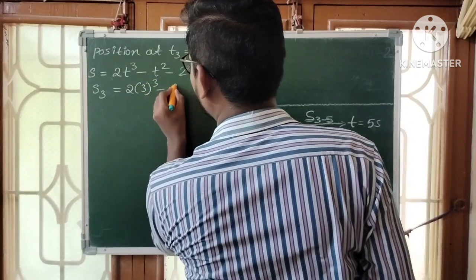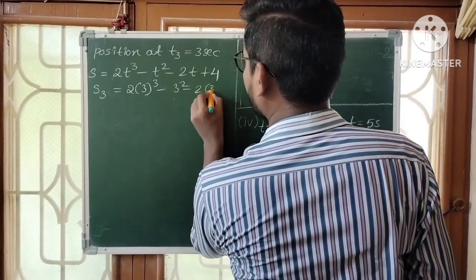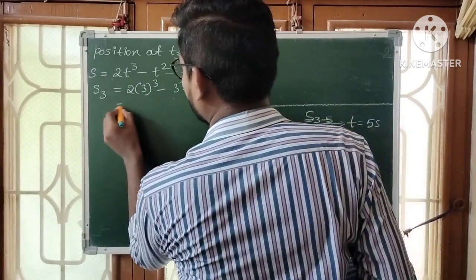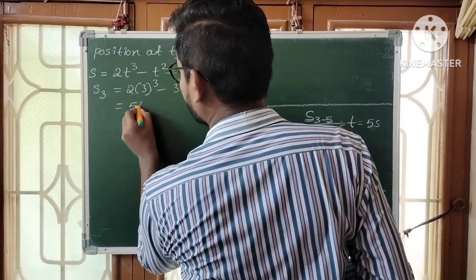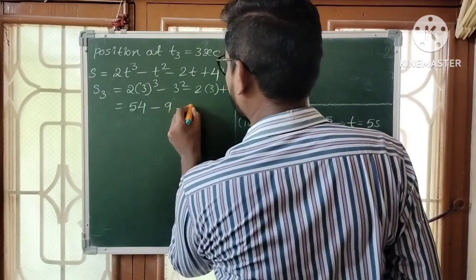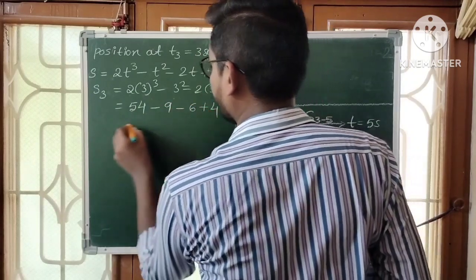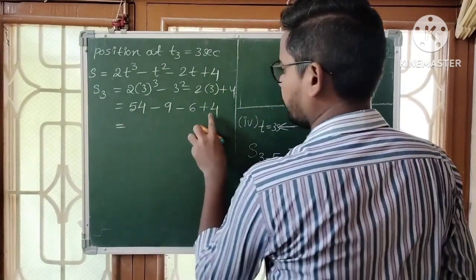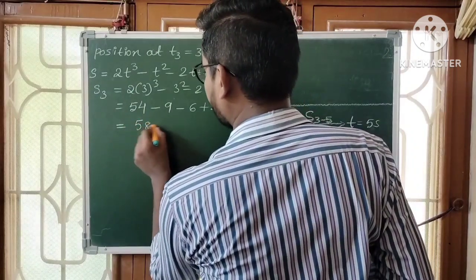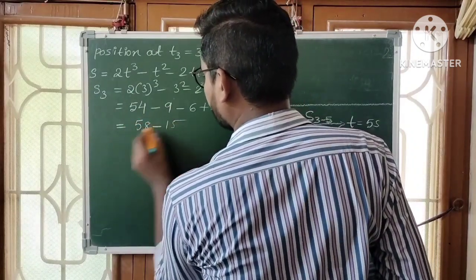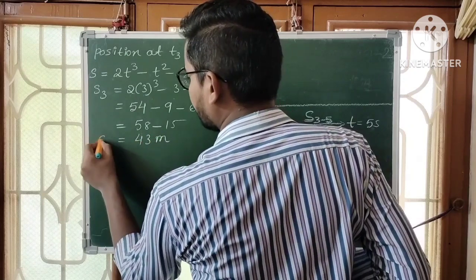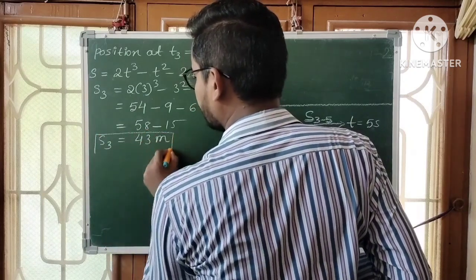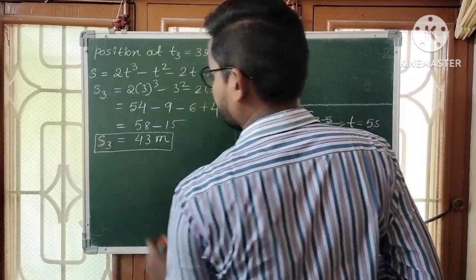So 2 into 3 cube minus 3 square minus 2 into 3 plus 4. 3 cube is 27, so 2 into 27 is 54. 3 square is 9, minus 2 threes are 6, plus 4. 54 plus 4 is 58. 58 minus 15, how much? 43. So position of the particle at t equal to 3 seconds is 43 meters.